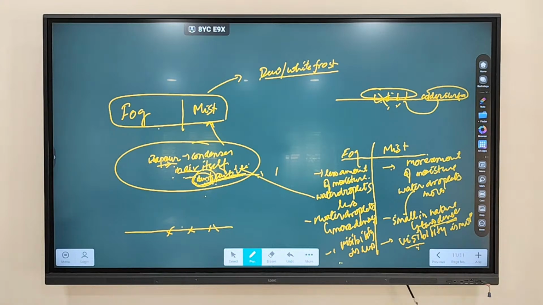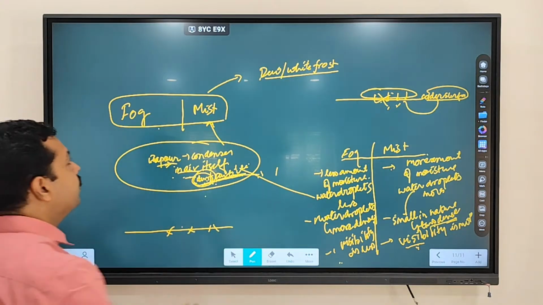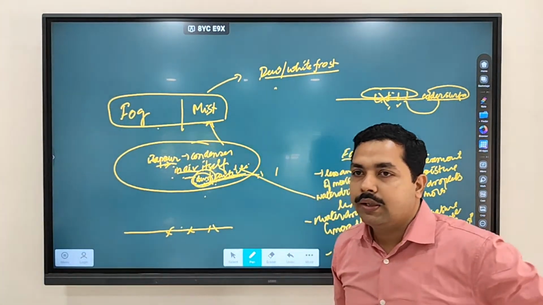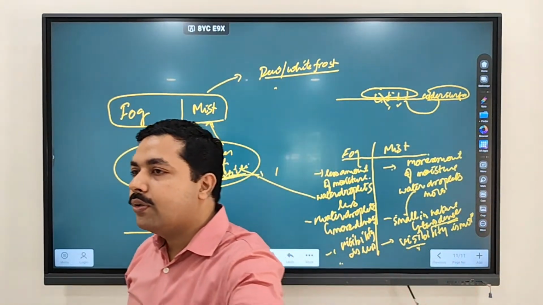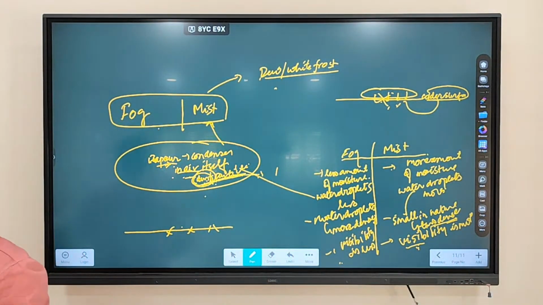What is the difference between dew, frost, and fog, mist? In dew and frost, you require a colder surface. In the case of fog and mist, the condensation happens in the air itself. And what acts as a cooling surface? Dust particles and other particles that are present act as a cooling surface.